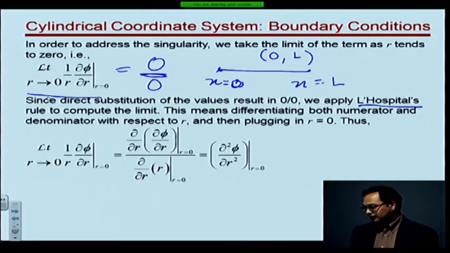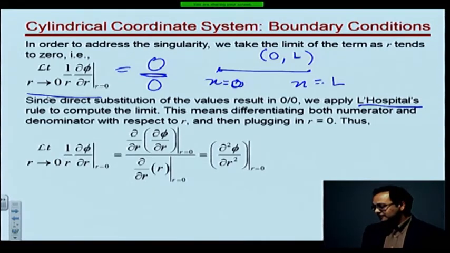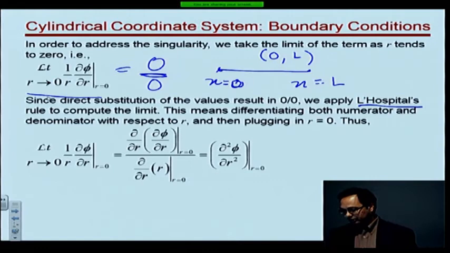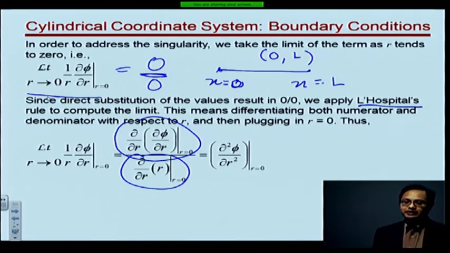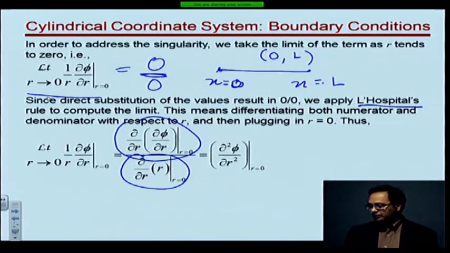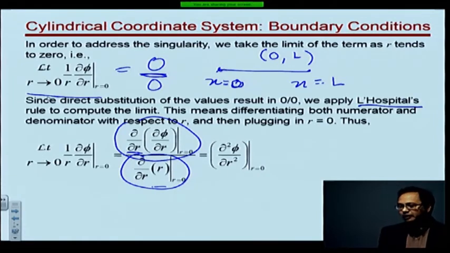All right. The way it works, if you again recall what L'Hopital's rule says, is you keep differentiating your numerator and your denominator successively until you get a finite limit or a quantity that's not undefined. So what we are doing here is we have d phi dr over r, so we differentiate d phi dr and we differentiate r, and plug in r equal to 0.